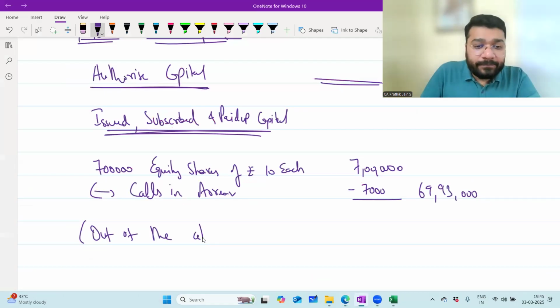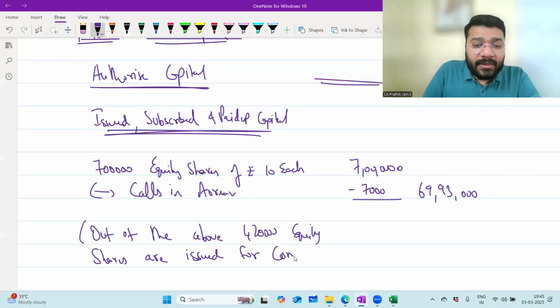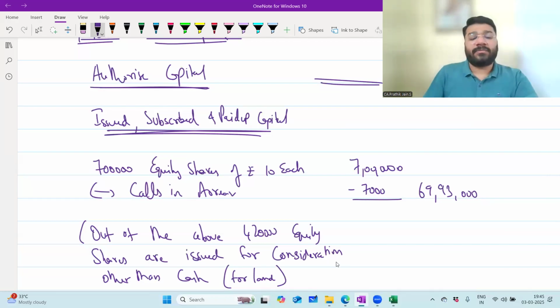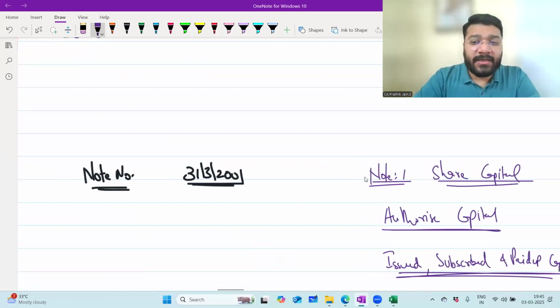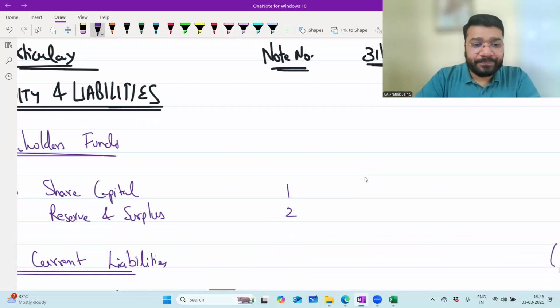Out of the above, 4 lakh 20,000 equity shares are issued for consideration other than cash. You can mention the consideration, like land, in brackets. So 69 lakh 93,000 is the amount.